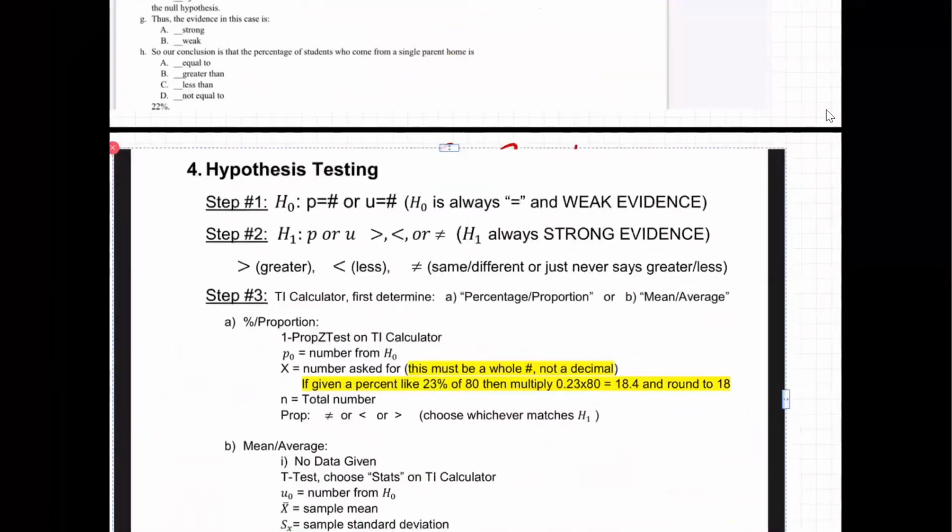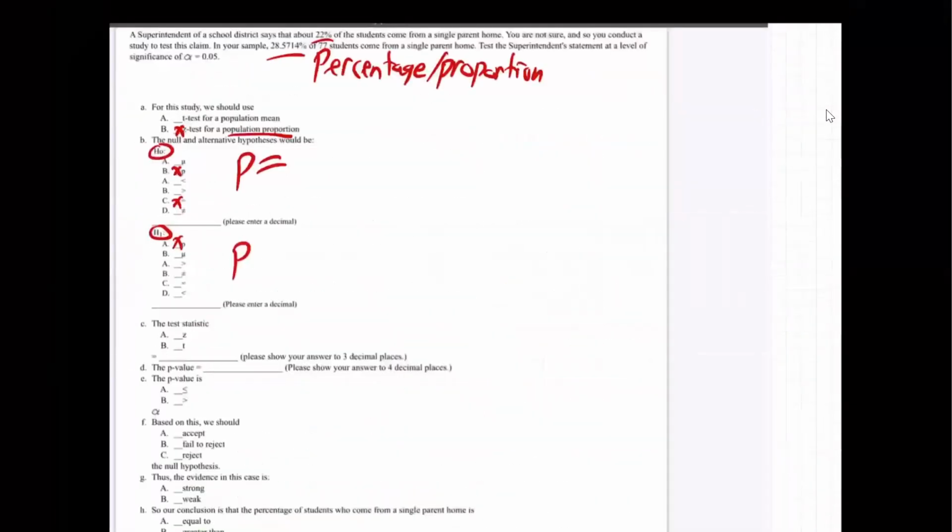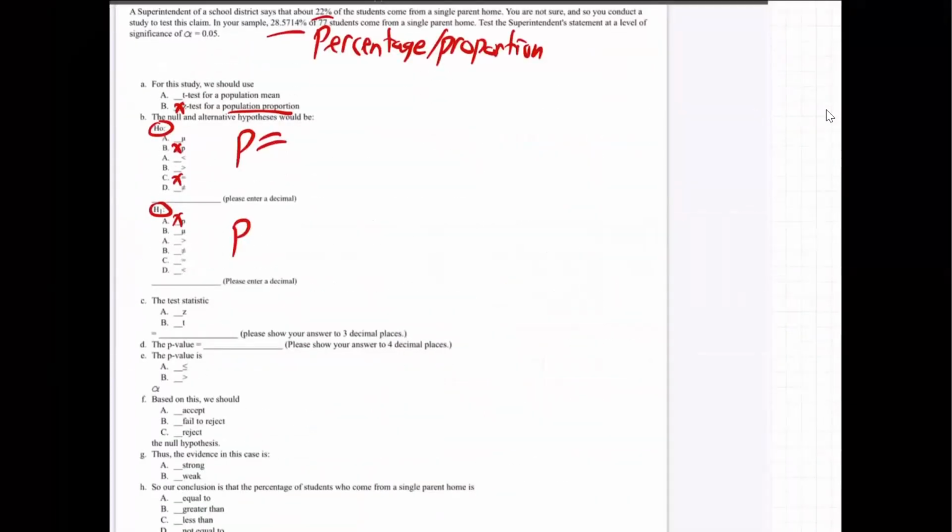What is it they're claiming on this problem? Let's go down and take a look. The superintendent says 22% of the students come from a single parent home. So 0.22. We just take that 22% and we put it right there because that's the claim. That's what the superintendent is saying.